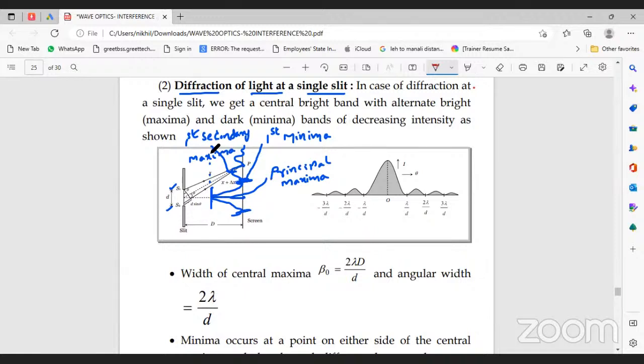Like the interference, we have a diffraction pattern. This is the diffraction pattern. You can see here at the center, the intensity is maximum. This is called the first minima.